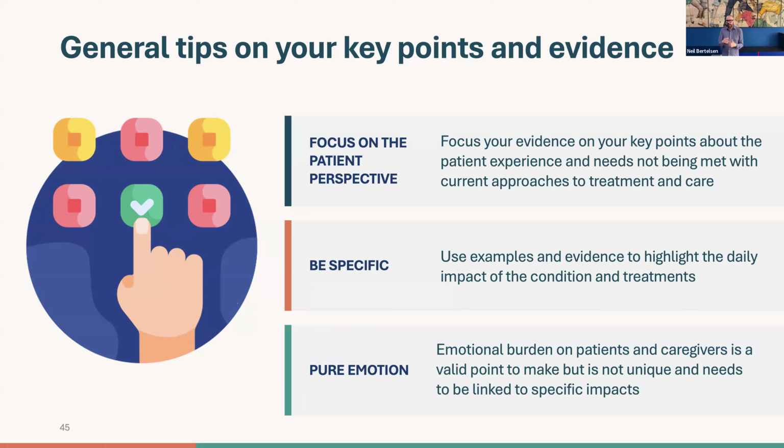So you can talk about the emotional burden on people with Parkinson's and those that care for them, but general statements like "Parkinson's is one of the most devastating diseases that you can have", they don't know what to do with statements like that. So you have to think through and make sure that you can be emotional. I'm not saying you can't, but be careful of pure emotion, which doesn't convey any additional information.